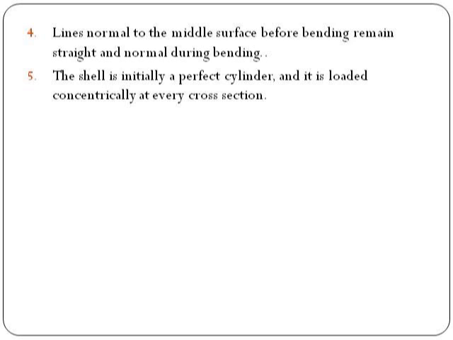So lots of theories are developed because of this by considering different sets of simplifications. The equation which we are going to see is Donnell's equation. This equation is relatively uncomplicated, and it has been shown to give satisfactory results when used to deal with buckling problems.